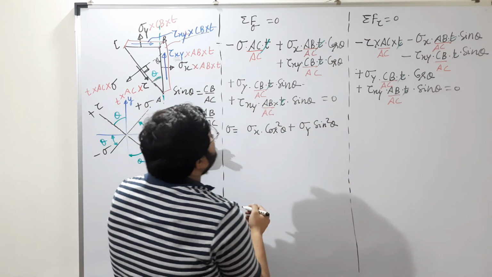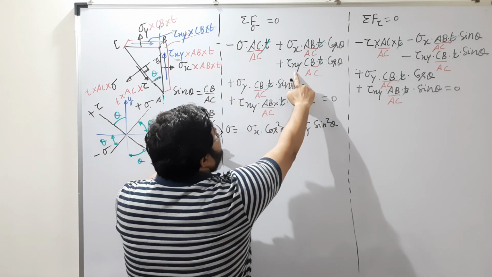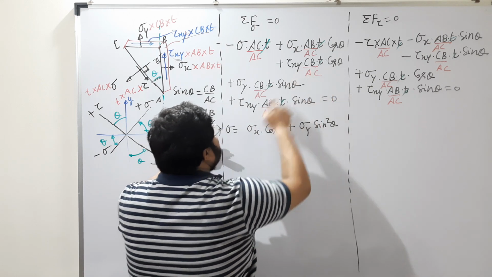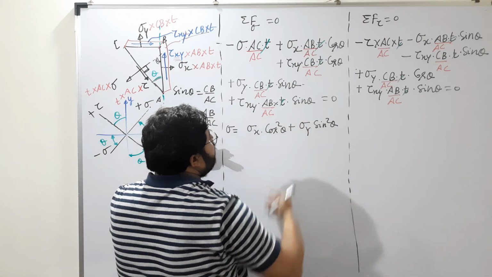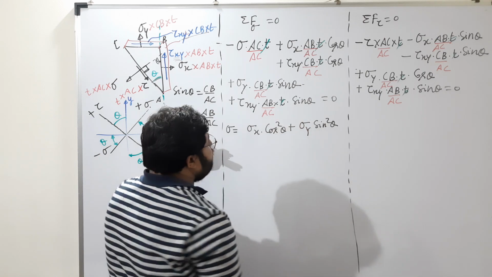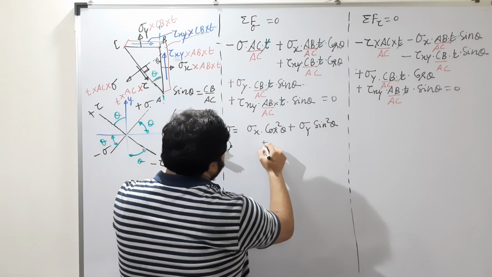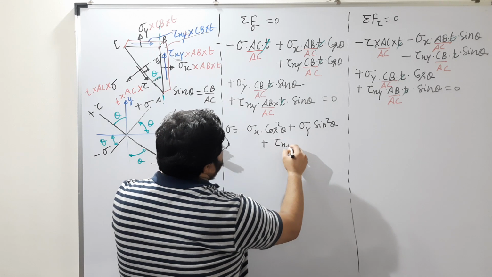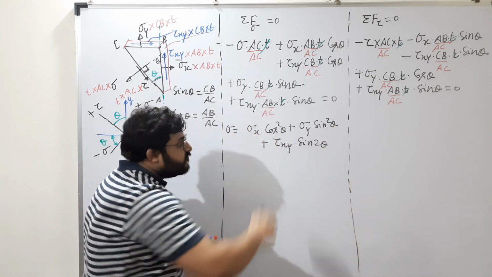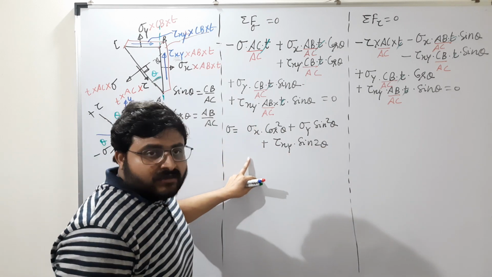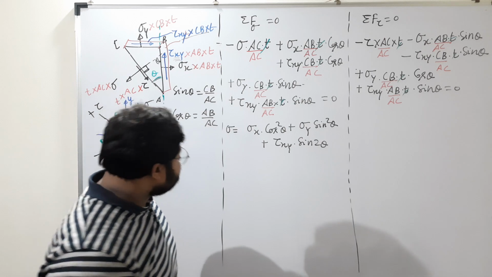And then what comes next, tau xy sine theta cos theta, tau xy cos theta sine theta, so that is 2 tau xy sine theta cos theta. So we will directly replace it by plus tau xy sine 2 theta. See, the equation has got simplified in this manner, right?